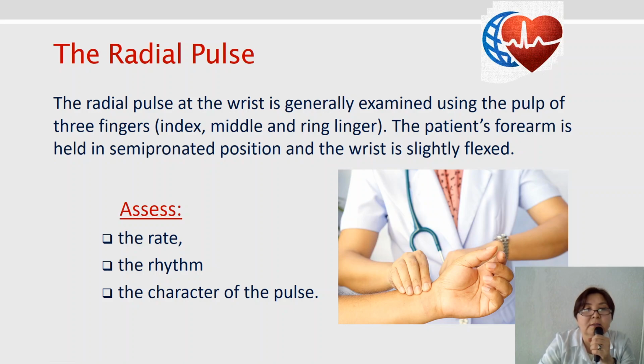The radial pulse at the wrist is generally examined using the palm of the three fingers: index, middle, and ring finger. The patient's forearm is held in semi-pronated position and the wrist is slightly flexed. Assess the rate, the rhythm, and the character of the pulse.